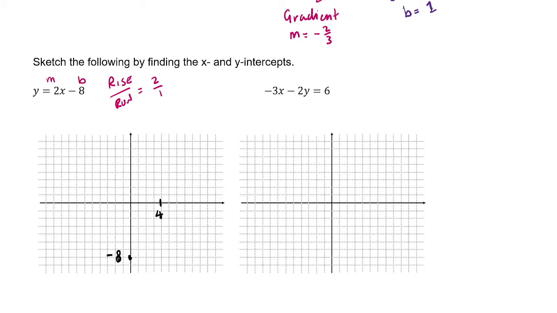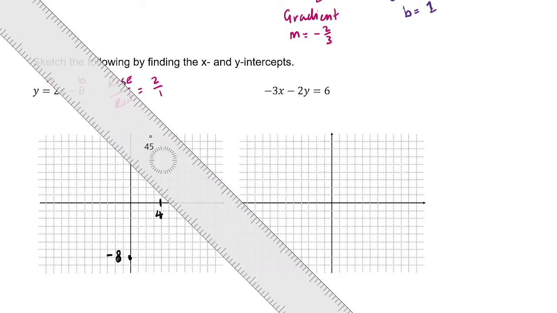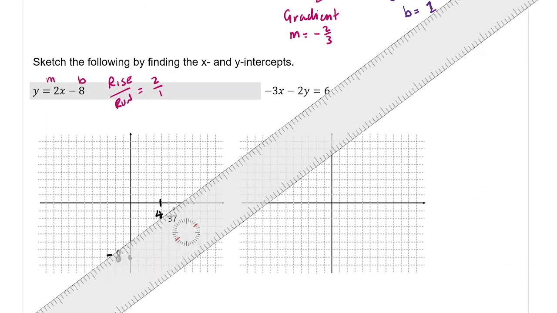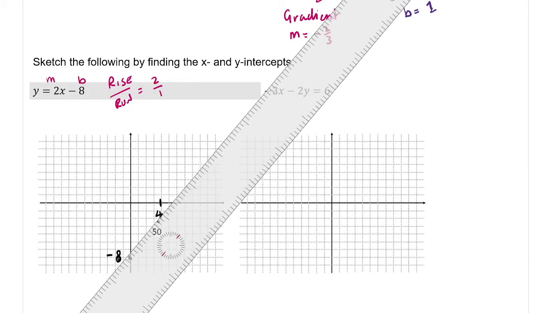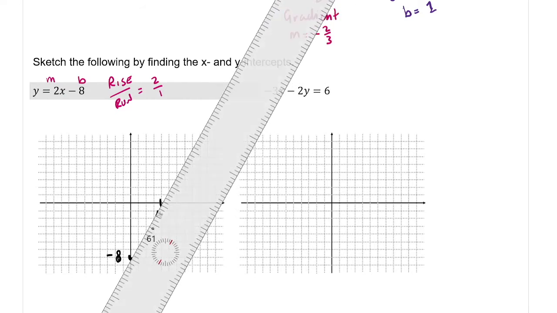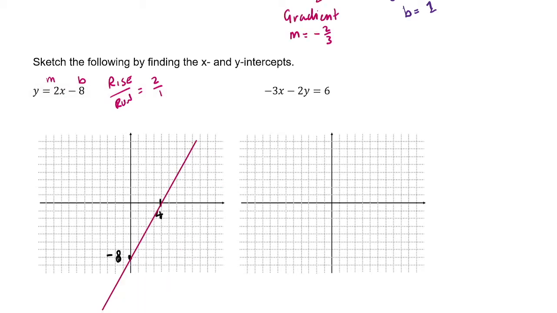Then we have 3 as the x-coordinate, and then -2, and then 0 and 4. So that's how that's working, in case you were concerned. We'll be able to see it a little bit better on a different graph, I think. We grab our ruler out, we draw our line through the points, and there we have it.